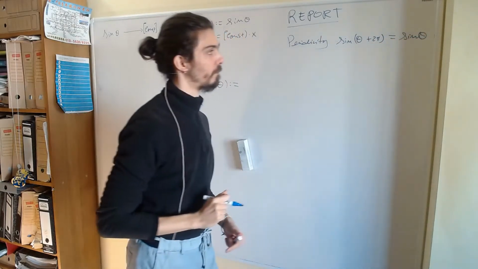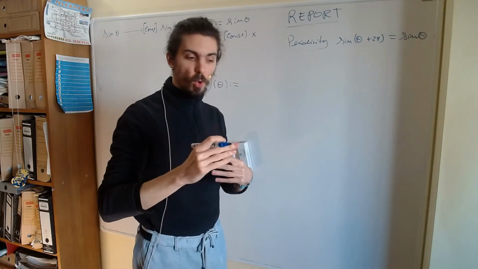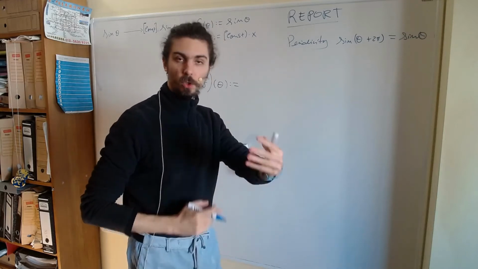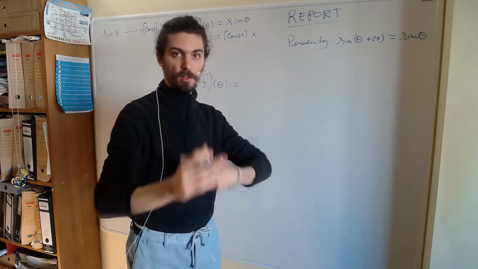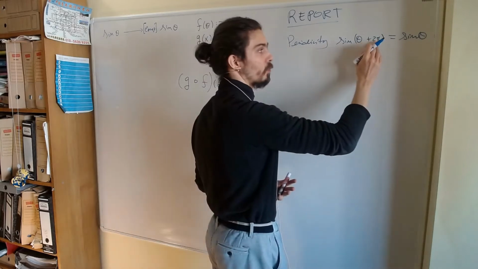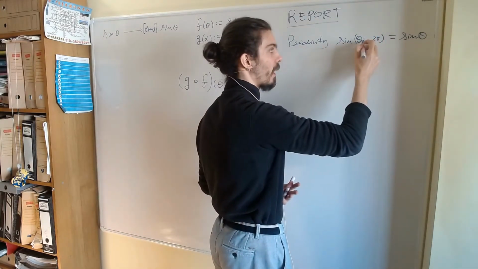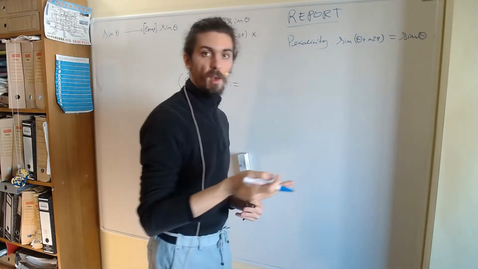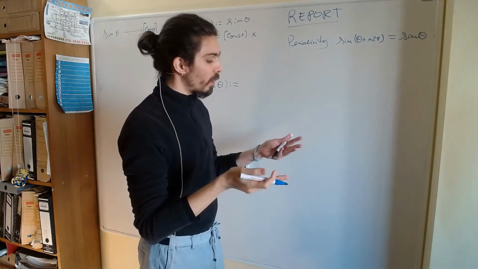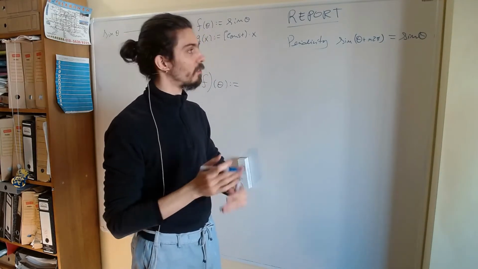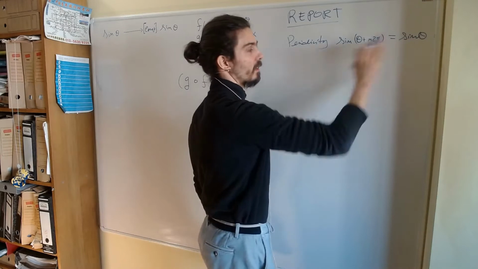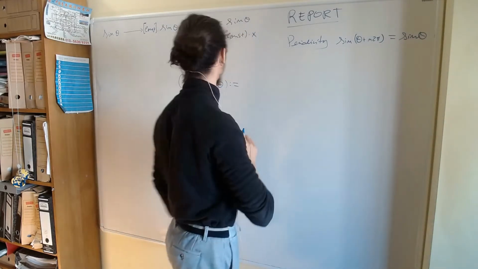Okay? But whether you add a full perimeter or subtract, or add a multiple of that perimeter, is the same. So instead of 2 pi, we should write n times 2 pi, where n is an integer, positive or negative. Okay? So you add anything and you get this. This is the conclusion for this function.